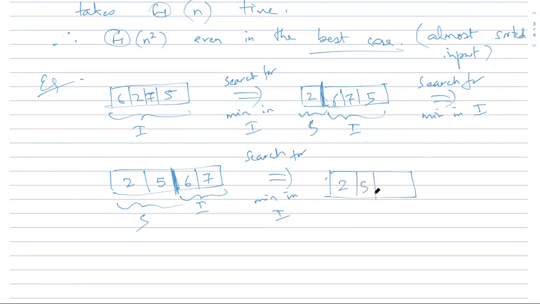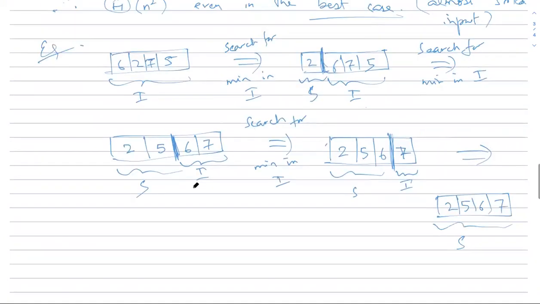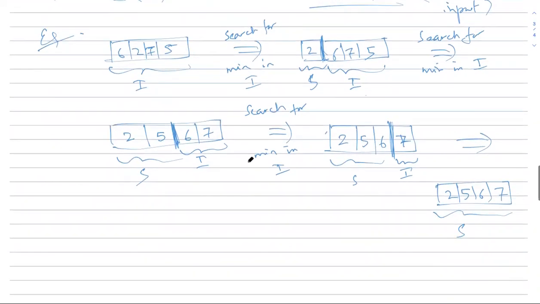So it's 2, 5, 6, and then 7. So you can see it's already sorted, but it is going to still continue with its searching for the min operation. And I here, and then S, and the final step, there is only 7. So this is the final sorted order after going through the selection and appending at every step.